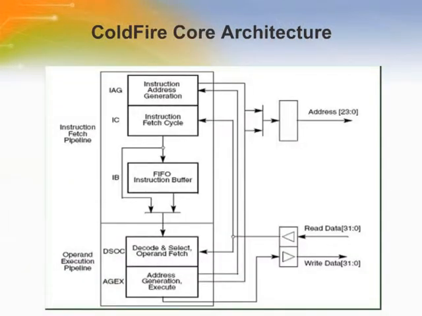V1 ColdFire cores are comprised of two separate pipelines decoupled by an instruction buffer: the instruction fetch pipeline, IFP, and the operand execution pipeline, OEP. The IFP is a two-stage pipeline for prefetching instructions. The prefetched instruction stream is then gated into the two-stage operand execution pipeline, which decodes instructions, fetches the required operands, and then executes the required function.